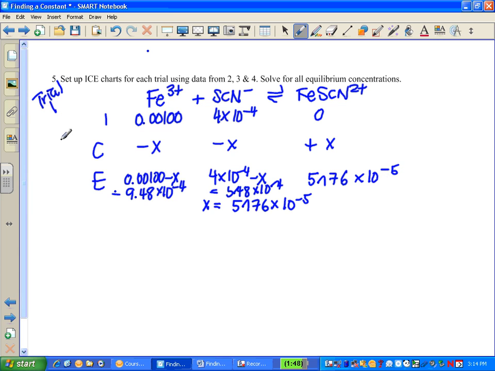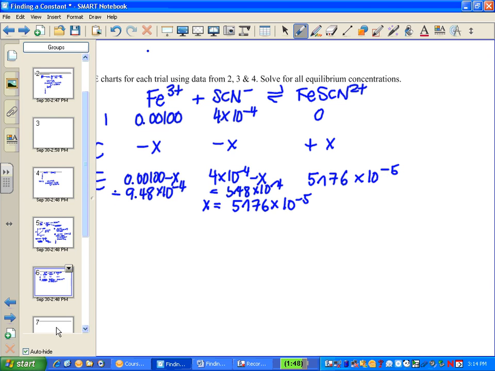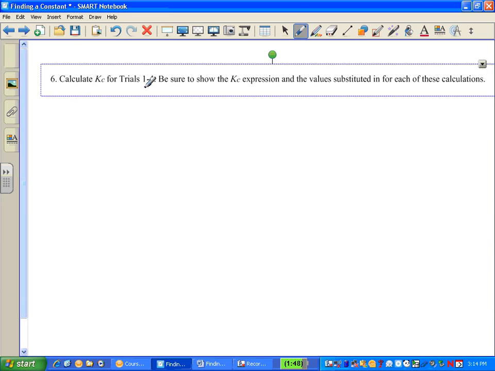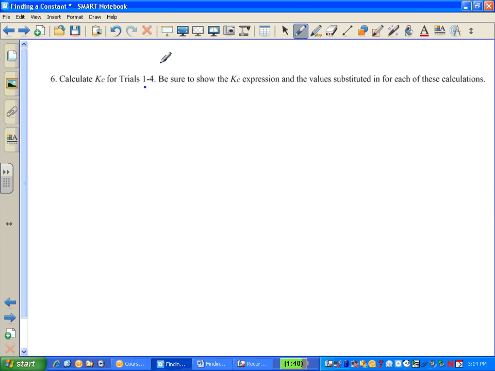So pause the video, take a few minutes, and you can set up ICE charts for each trial. The procedure is exactly the same. The last step in the calculations is to calculate the Kc for each of the trials.